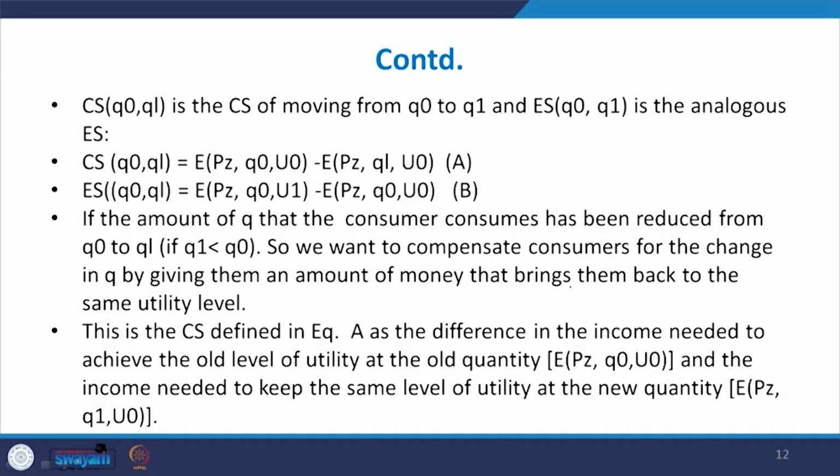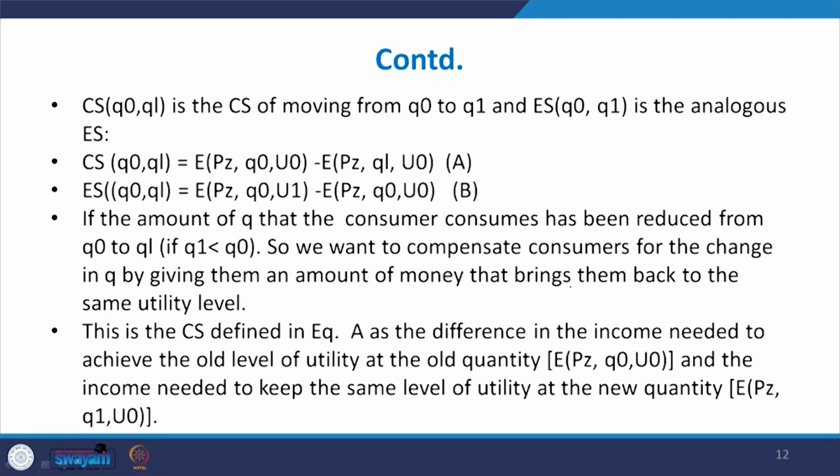Now, CS, compensated surplus, when there are two levels of environmental product, is the compensating surplus of moving from Q0 to Q1. So, if environmental quality moves from Q0 to Q1, equivalent surplus is similar, but the difference is there. From these two equations A and B, you can see the difference between the two.